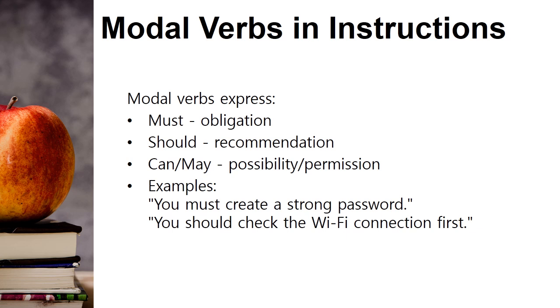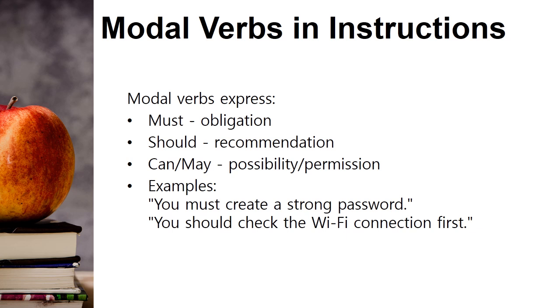Must shows a required action, however, should gives helpful advice. When you use should, it means that this action is not necessary, you can skip it. Can or may show optional steps or permission. This brings clarity and flexibility to procedural writing.